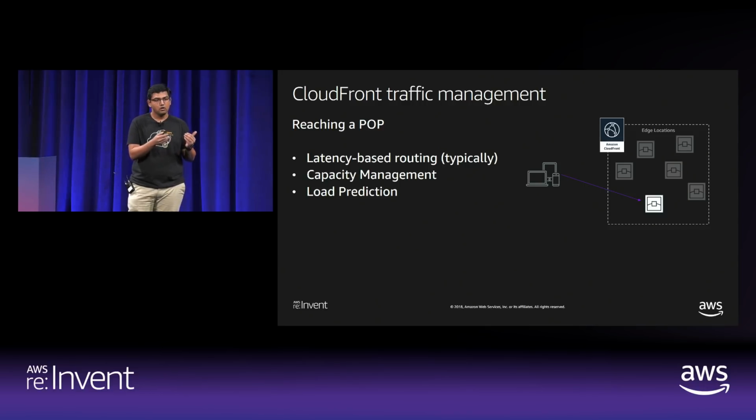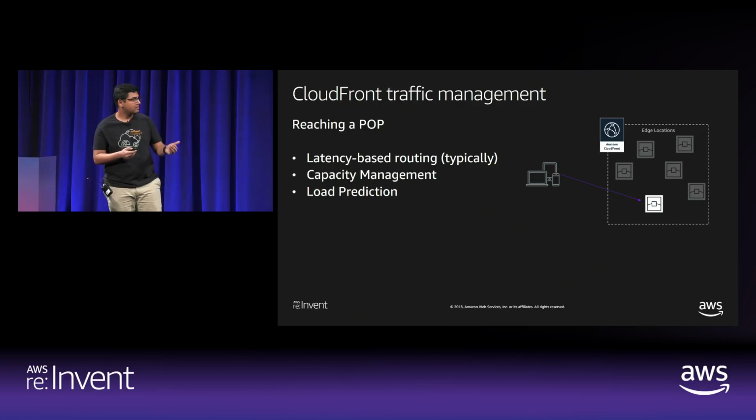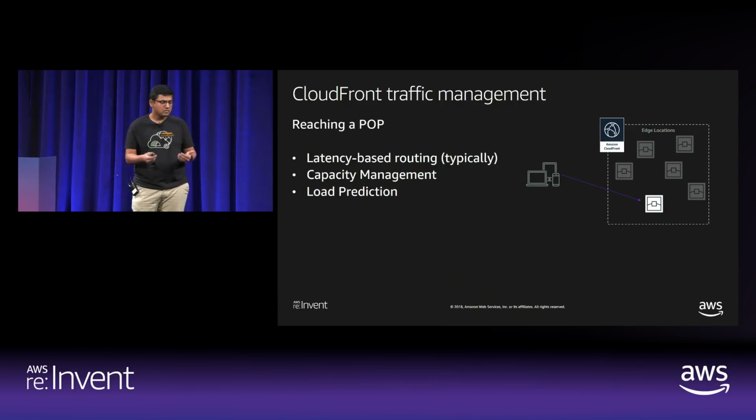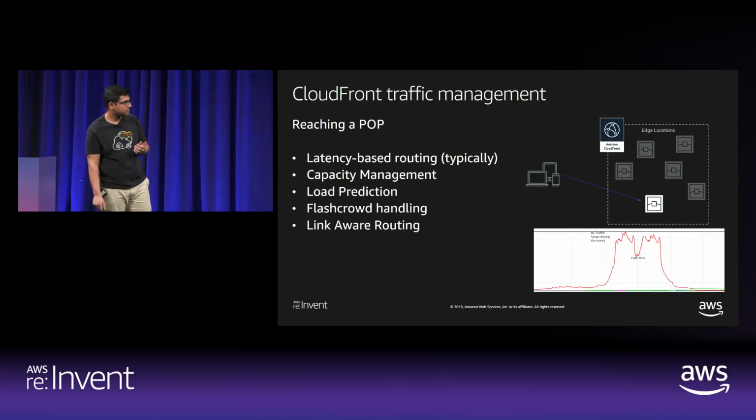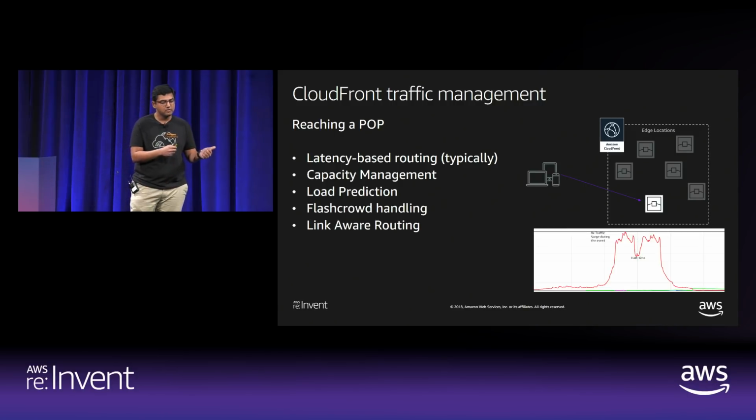Now, for a lot of events, the exact nature of the traffic can be unpredictable, and even when we know that there are big events coming, we see large increases in traffic which need to be handled. And this is a very fast increase, like in the case of Thursday Night Football, or even in the case of Prime original releases. So to handle this type of traffic, CloudFront has a fast-reacting flash crowd detector.